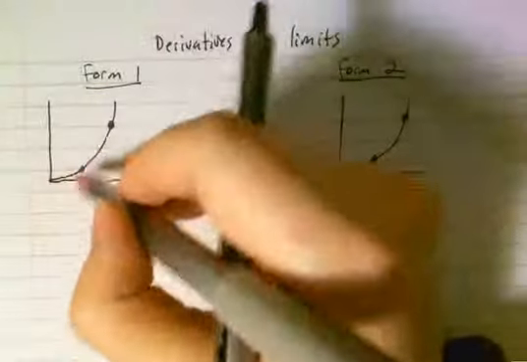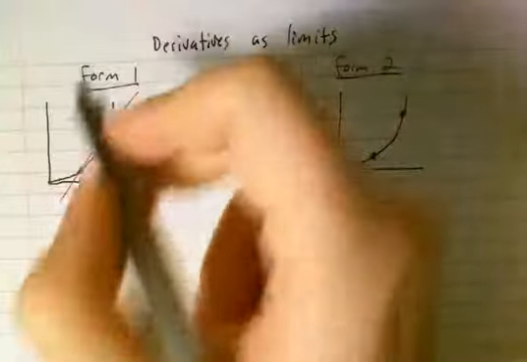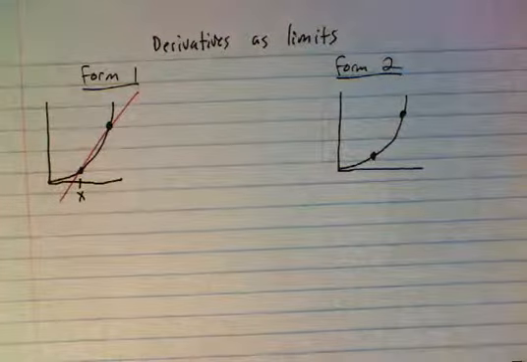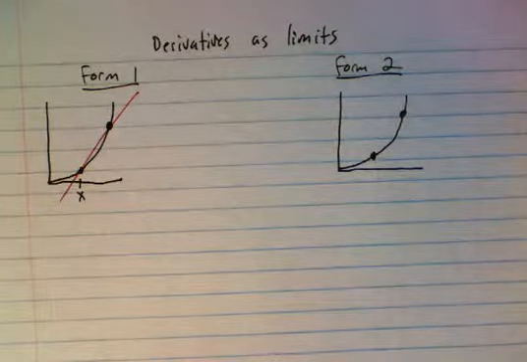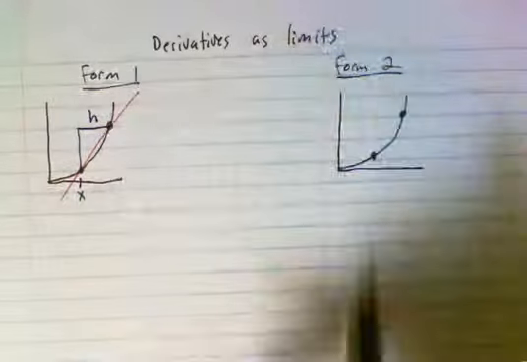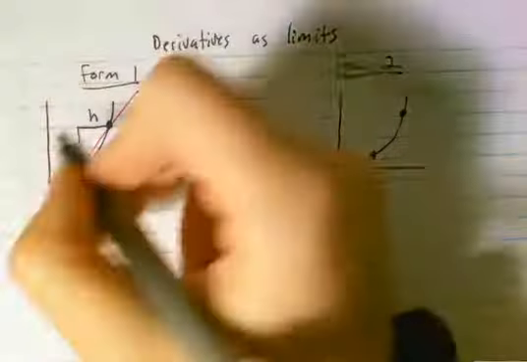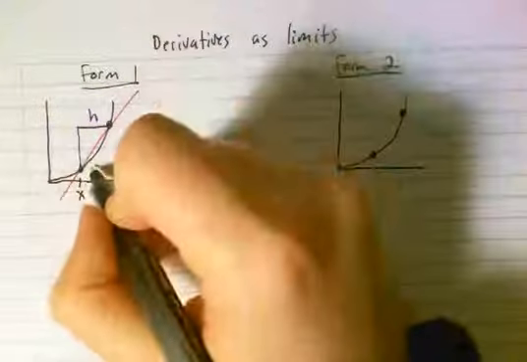This is the one that we just worked with. So in this is x. This is h. And so here we have, this is still f of x.